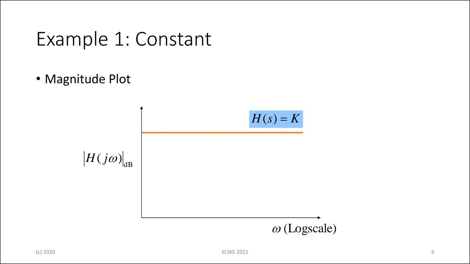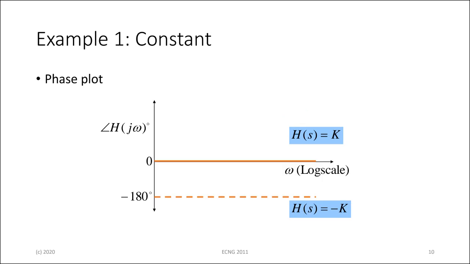And for the phase, if K is positive, then the phase plot is 0 for all frequencies. And if K happens to be negative, then the phase plot is going to be minus 180 degrees. Yeah?